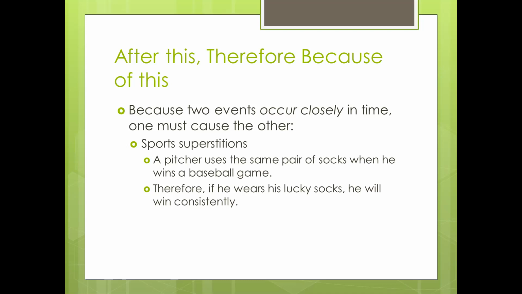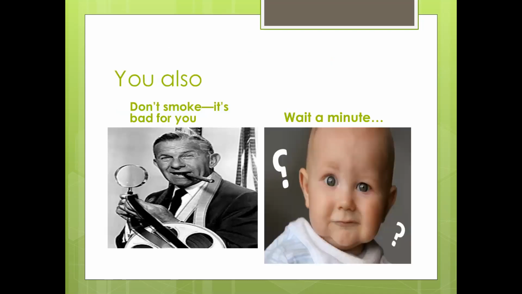That, of course, is nonsense, but humans are prone to illogical thinking from time to time. And the "after this, therefore because of this" idea is another example of logical fallacy.